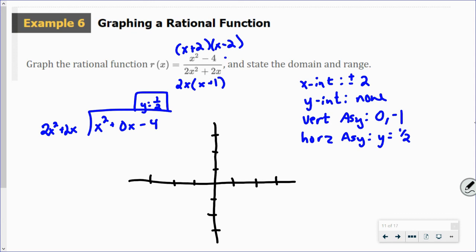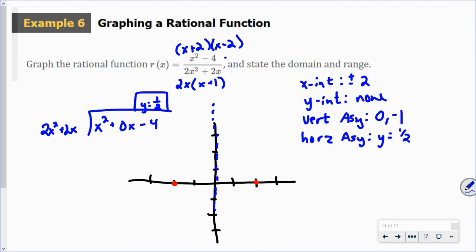Okay, so your x-intercepts here are at plus and minus 2. And then there are no y-intercepts. And then you have vertical asymptotes at 0.